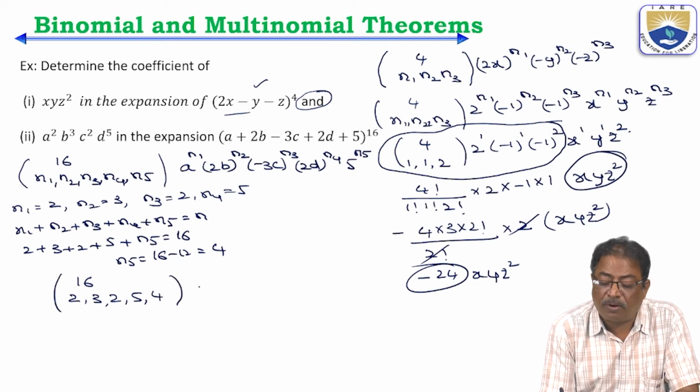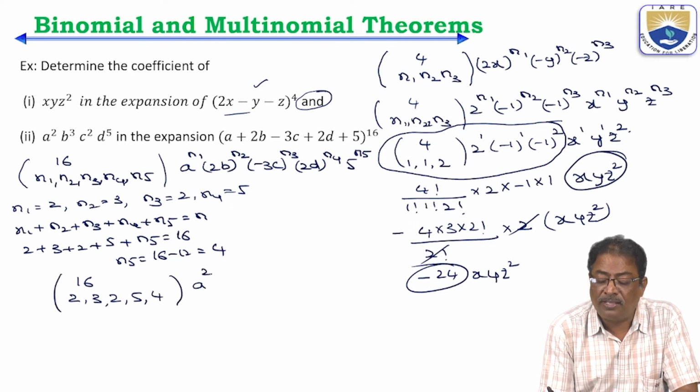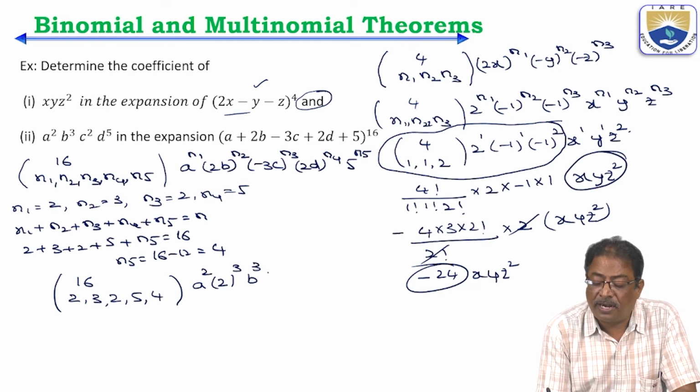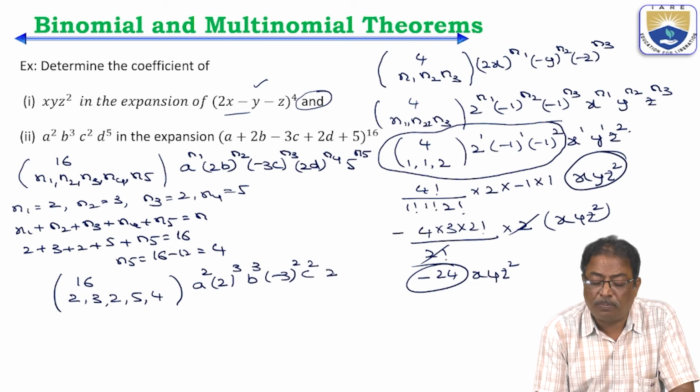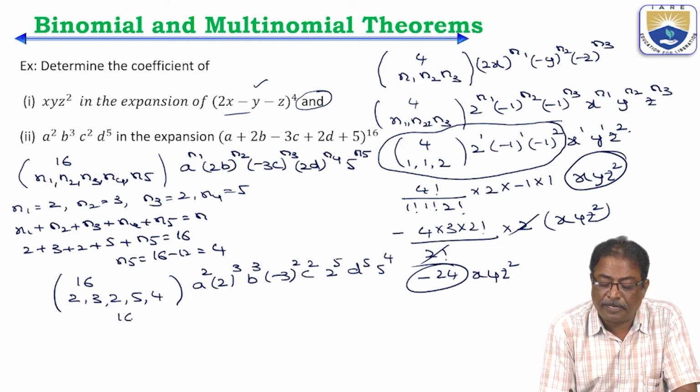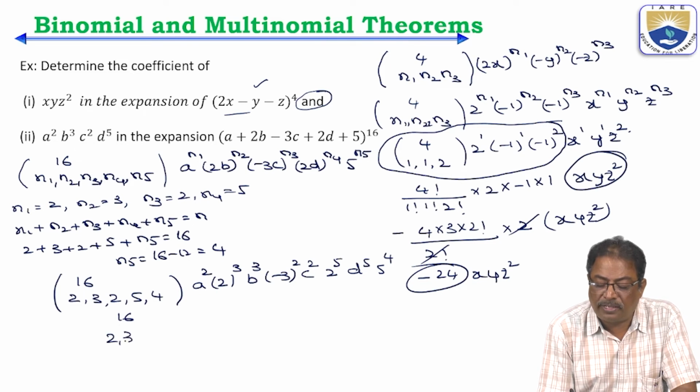And a to the power of n1, a square, and b to the power of n2 is 3, b cubed, and minus c, n3 is equal to 2, c square. n4 is 5, d to the power of 5, and 5 to the power of 4. So now this is 16, 2, 3, 2, 5, 4.